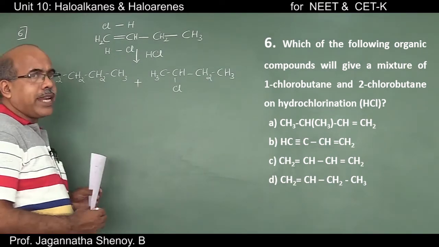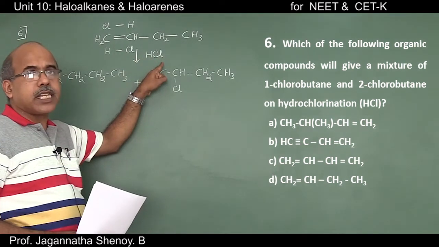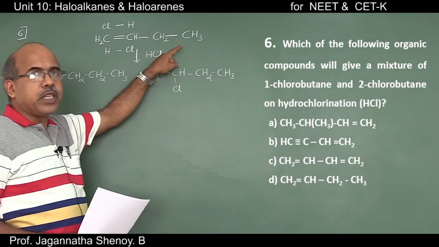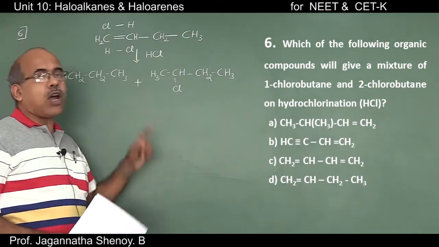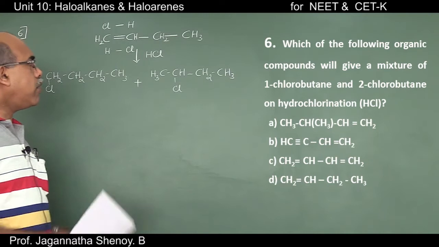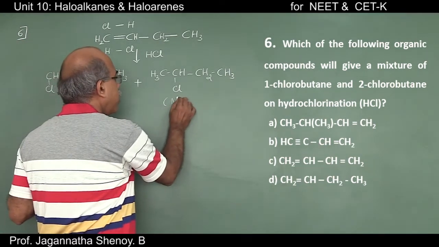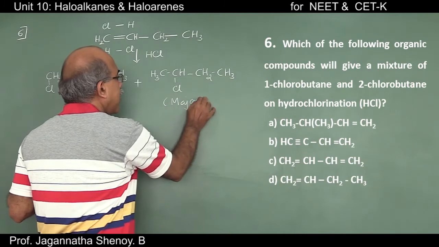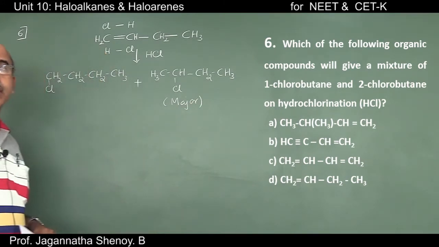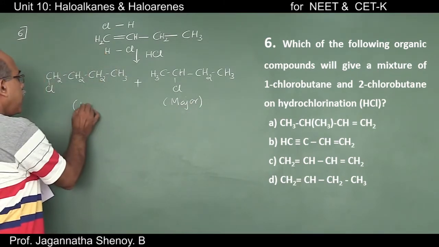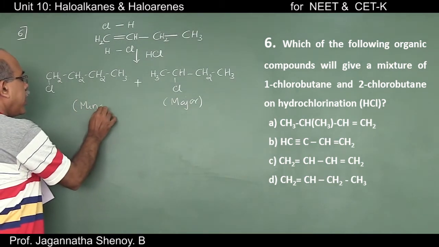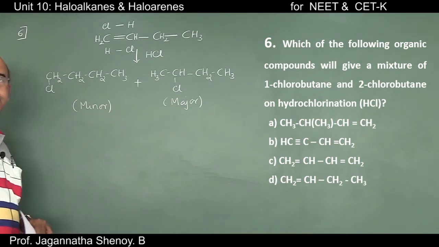So when you carry out addition of HCl on 1-butene, we get a mixture of products. Out of that, 2-chlorobutane is the major product because the addition takes place according to Markovnikov's rule. 1-Chlorobutane is the minor product.